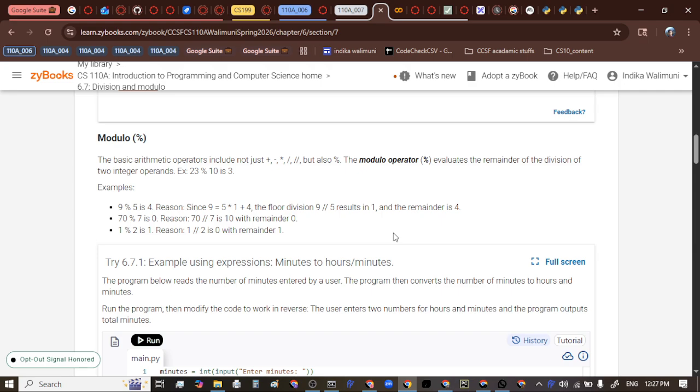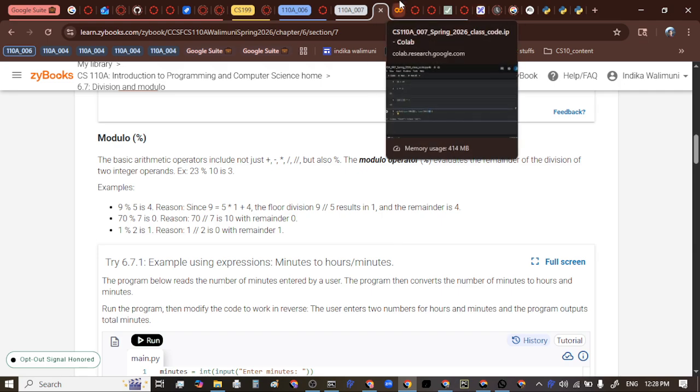In regular arithmetic we don't usually use the remainder that much, but in coding there is a lot of usage, and you'll see as we move on. So it's good to have an operator symbol for that, and it's actually the percent mark. It's not a percentage operator. It gives you the remainder. Let's quickly try that.